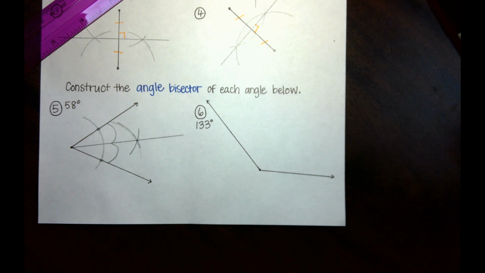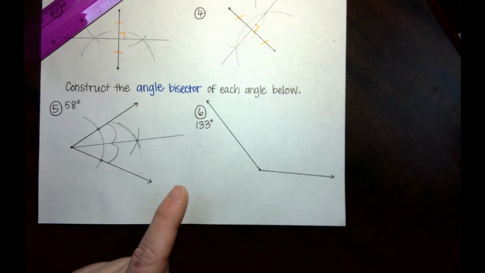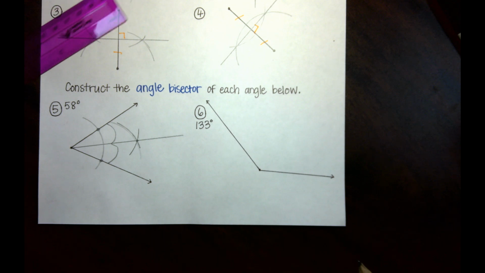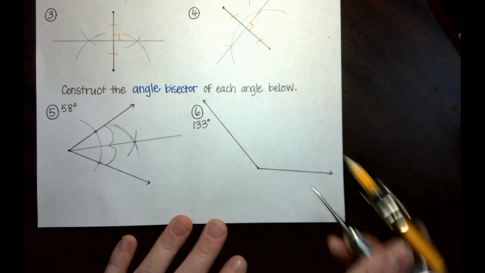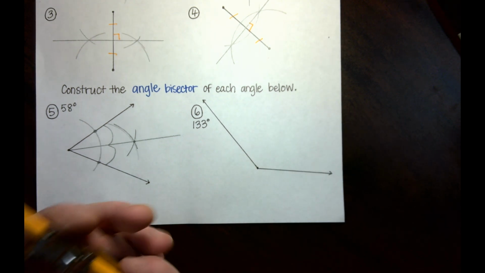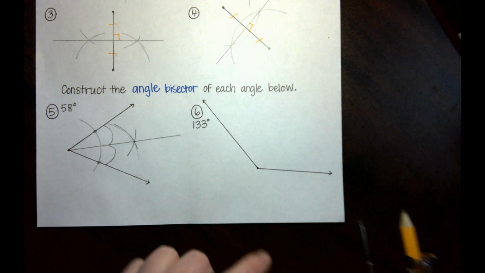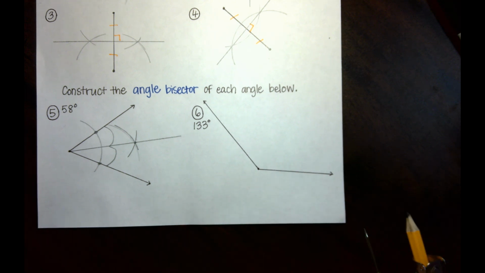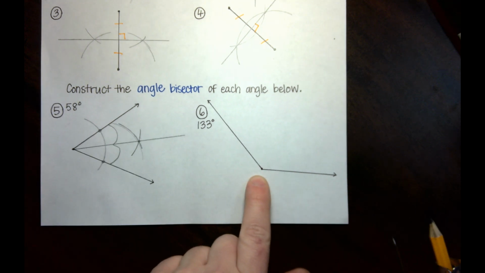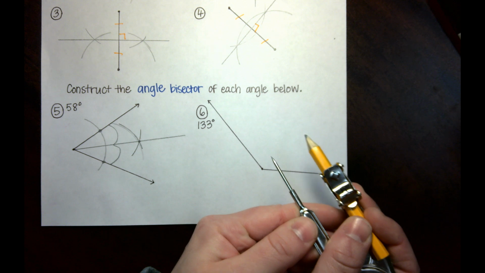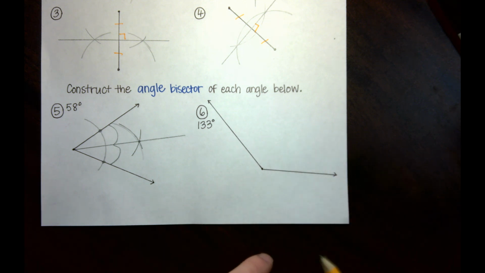This one's a little bit trickier. I always find it's a little more difficult to do an angle bisector with an obtuse angle, just because it's bigger. There's more things to mess up on, I think. So again, where is my starting point? The vertex. Right there in the center. I'm going to have my compass open how big?